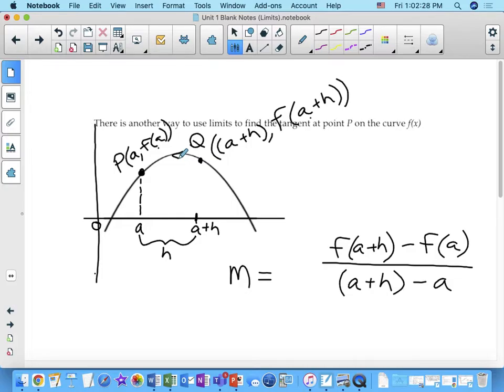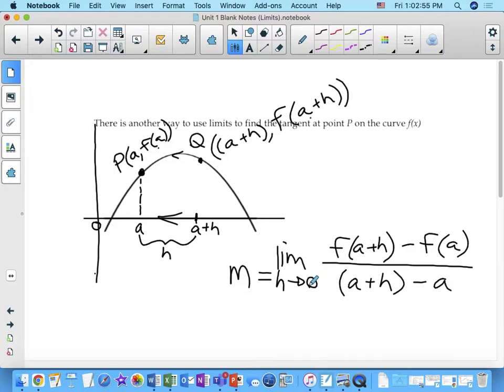H is approaching 0. Okay, so I'm zooming in here, and this gap is decreasing, which means h is getting closer to 0. So what I'm looking at is the limit as h approaches 0.